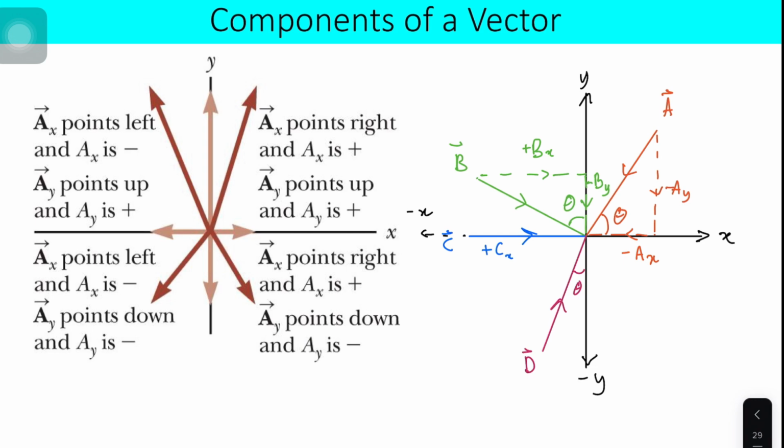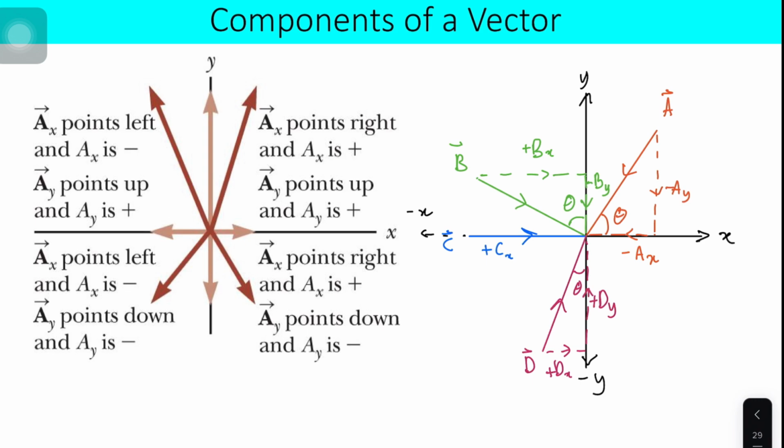Now let's move to vector D. For vector D, this is DX, and here is the DY. If you see the DX here pointing to the right, towards the positive x-axis, therefore DX has a positive sign. For the DY, it's pointing towards the positive y-axis, therefore the sign for the DY is also positive.